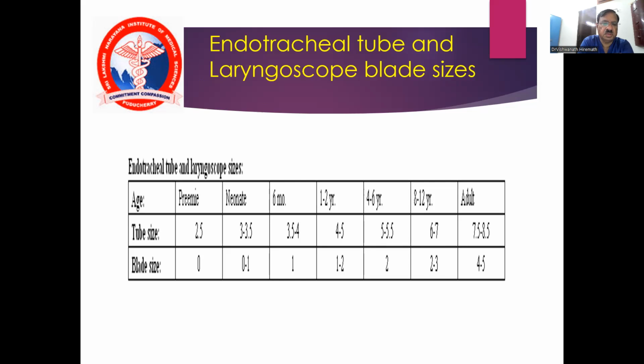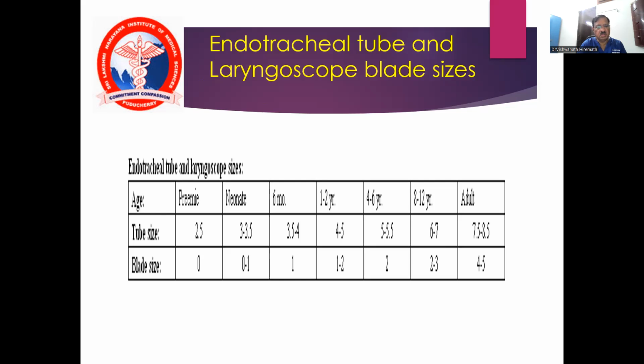For children, invariably age divided by 4 plus 4 is the formula used, and the particular size endotracheal tube should be kept ready. Usually the internal diameter of the endotracheal tube is the size of the tip of the little finger, the terminal phalanx of the little finger.